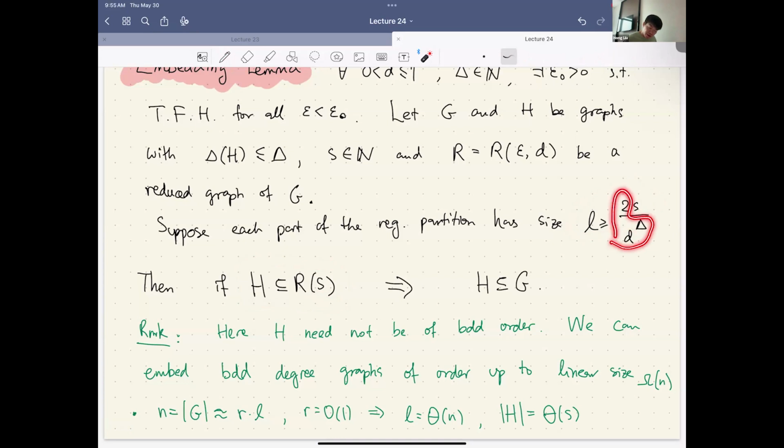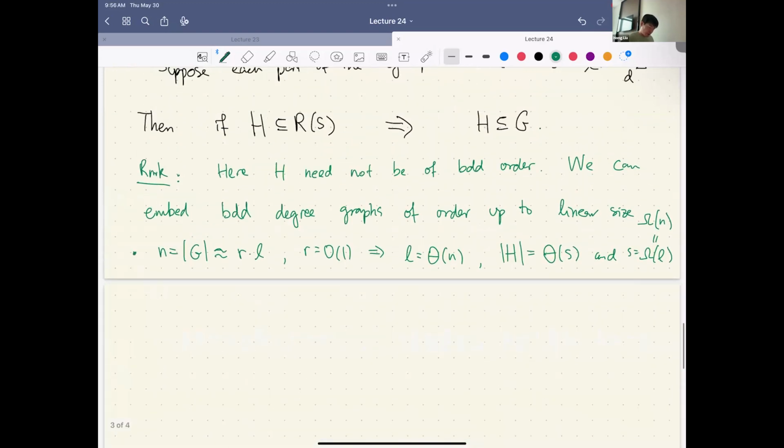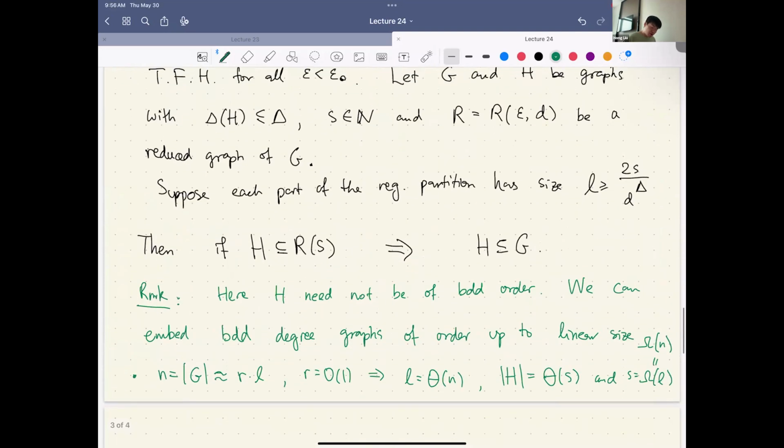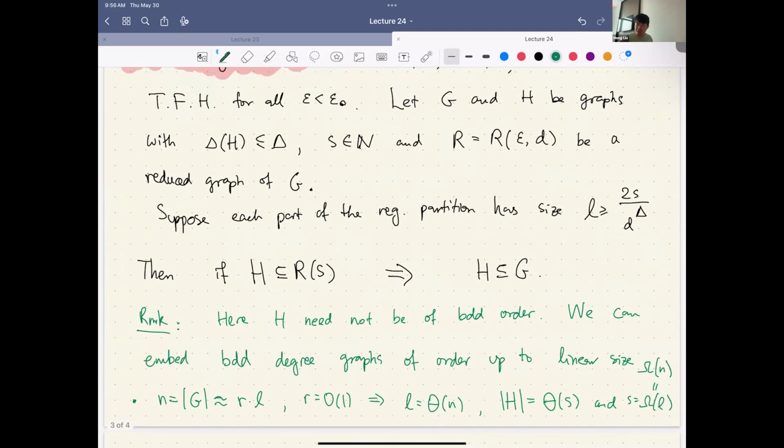Everything here is constant. Which is the same as S could be linear in L, which is linear in n, right? We're going to make use of this remark later for a Ramsey type statement.